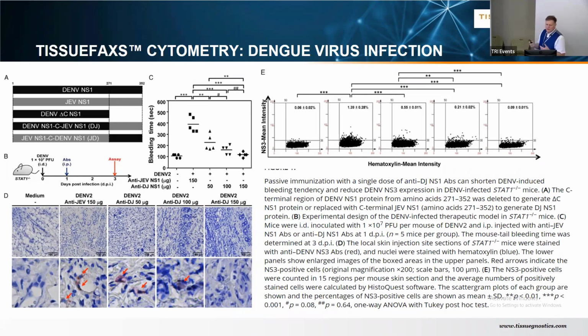It's not only useful when you have a marker that is expressed on 40% of all cells, but also when you're looking here on, you see 0.06, 1.39, 0.55, 0.21.